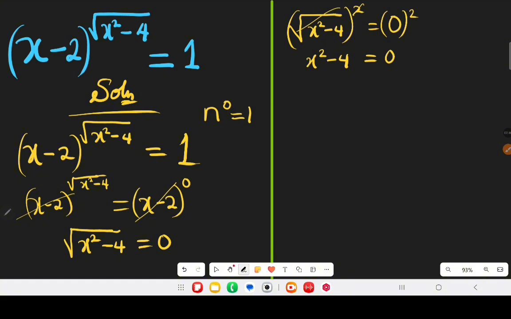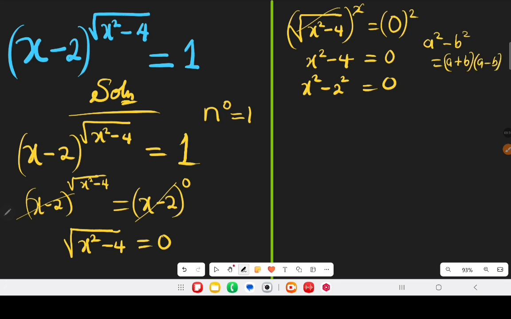At this point, if we have any quadratic equation that looks like this, it is called the difference of two squares, where we have x² − 2² equals 0. Whenever we have a² − b², it is expressed as (a + b)(a − b).